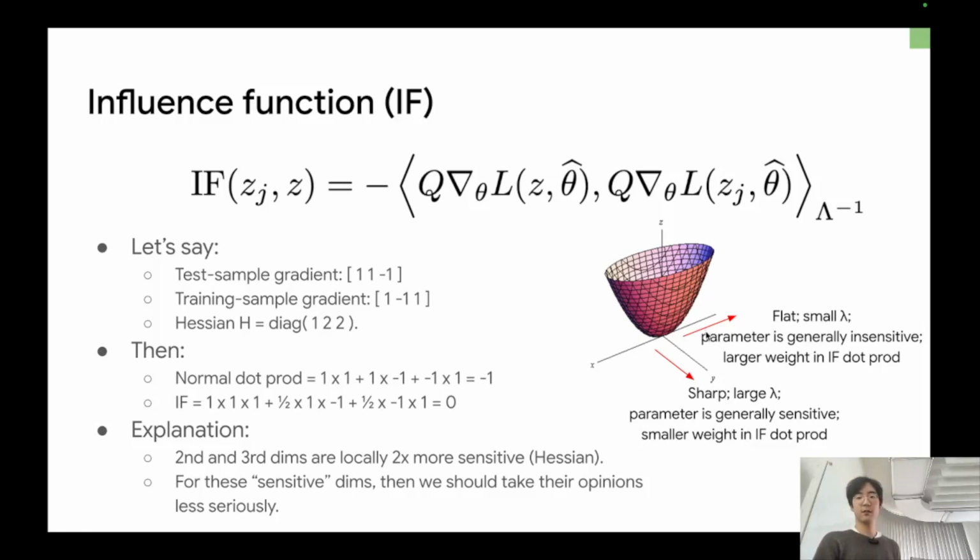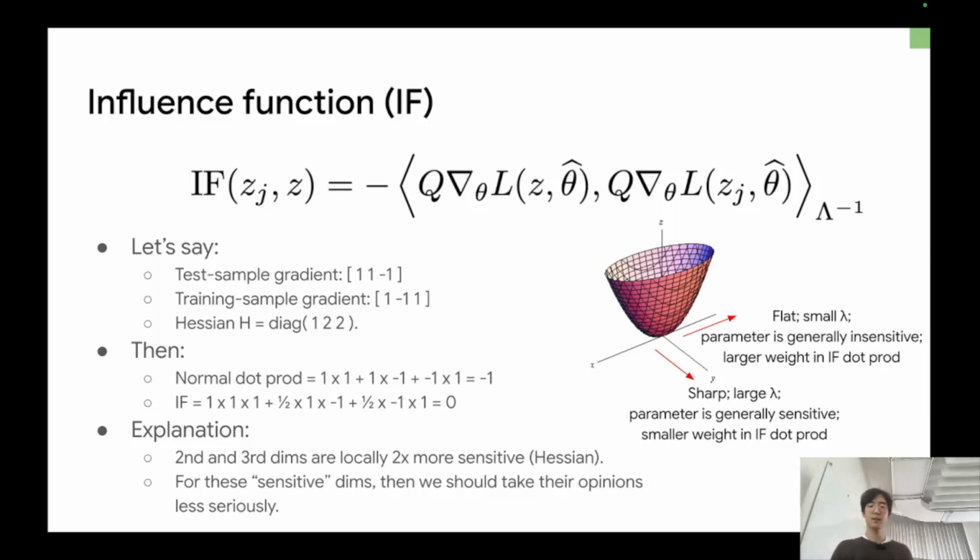Along this direction, you have flatter changes, and the eigenvalues will be smaller. So you can think of that as along this direction, the parameter is less sensitive. However large you change your weight, the model will not react so much.